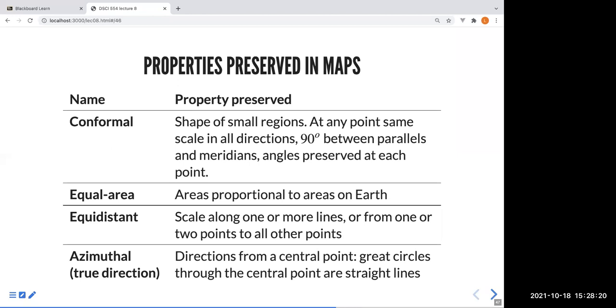Now you see that the description talks about the shape of small regions. And the reason is that obviously you can only do that locally, right? Because again, we're looking at an ellipsoid. So if we need to put it in 2D, we can try to preserve how things look in terms of shape locally.